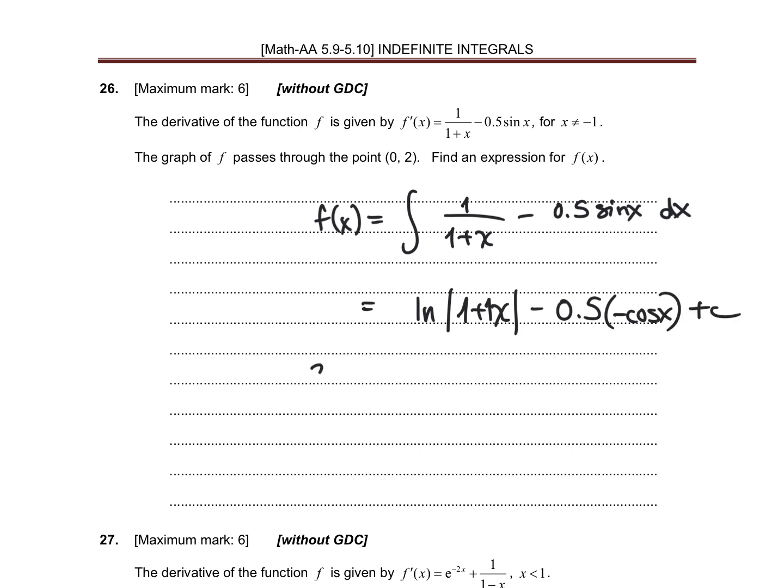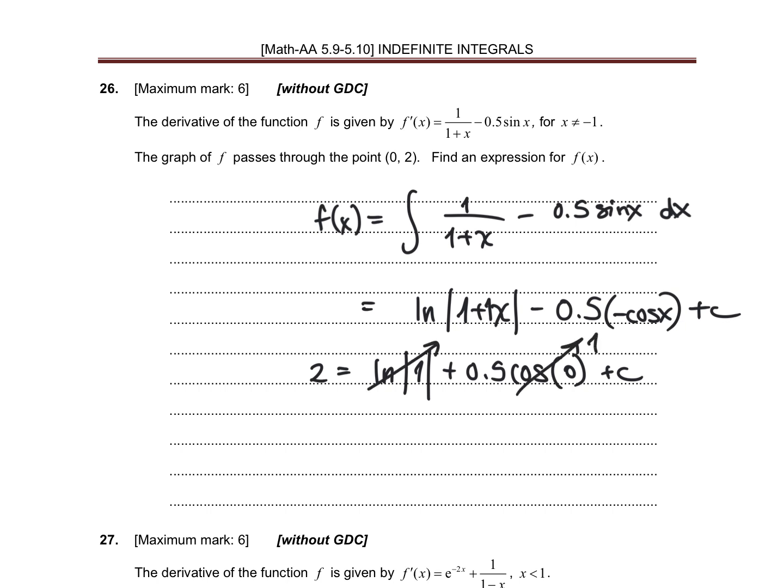So now we've got 2 equals natural log 1 plus 0, so 1, minus 0.5, plus, because the two negatives, cosine 0 plus c. So cosine 0 is 1.